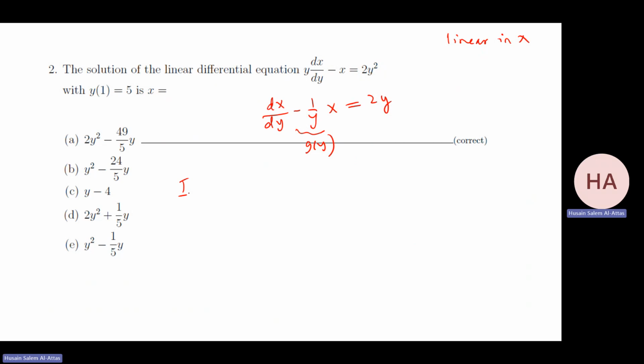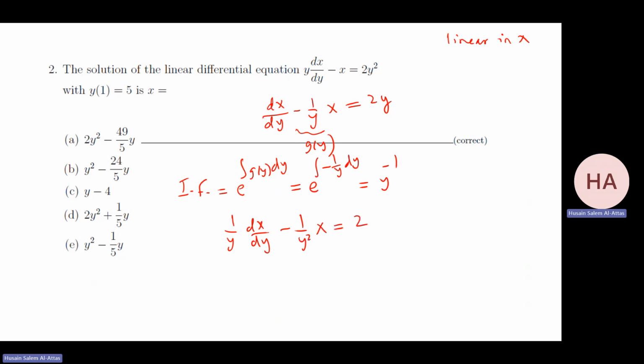I'll find the integrating factor, which is e to the integral of g of y dy. That will be minus 1 over y dy, which is y to the power minus 1. Multiply everything by that. So you have 1 over y dx over dy minus 1 over y squared x equals 2.